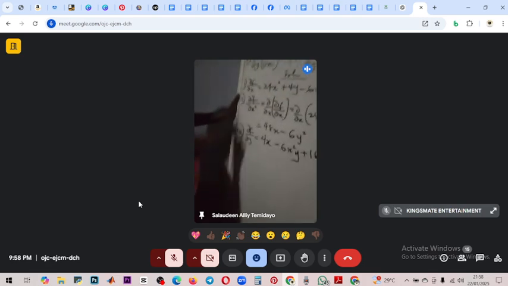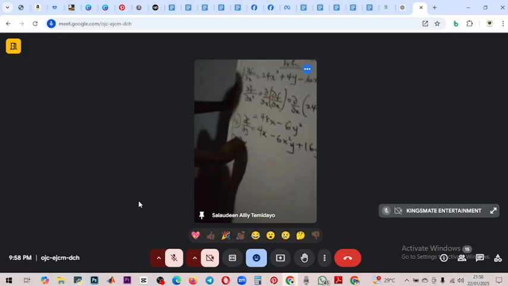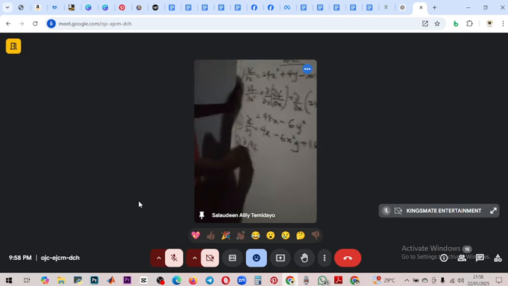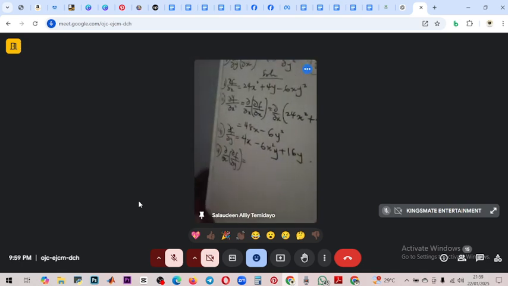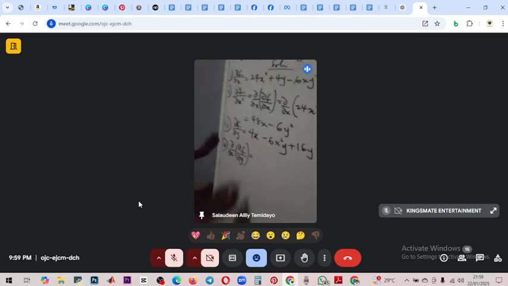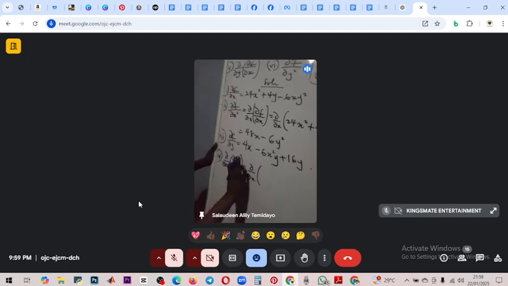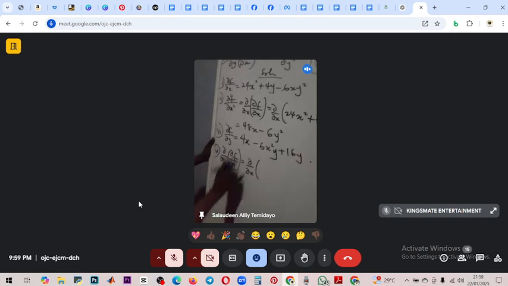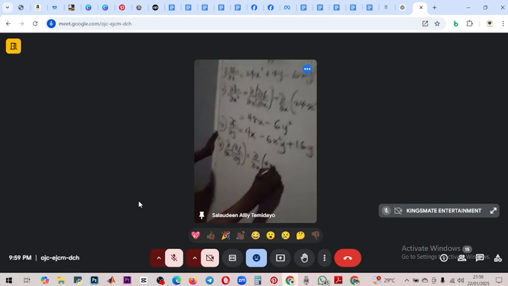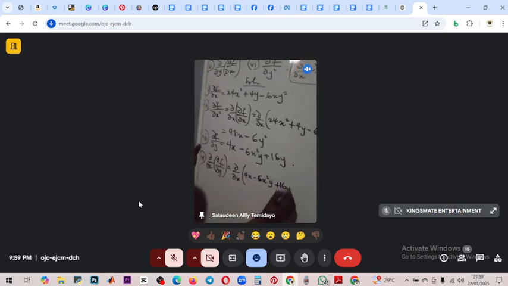So the fourth question is ∂/∂x of ∂f/∂y. Now, you have to be very, very attentive. ∂/∂x of ∂f/∂y means differentiate with respect to x the derivative of f with respect to y. What is the derivative of f with respect to y? 4x minus 6x²y plus 16y.